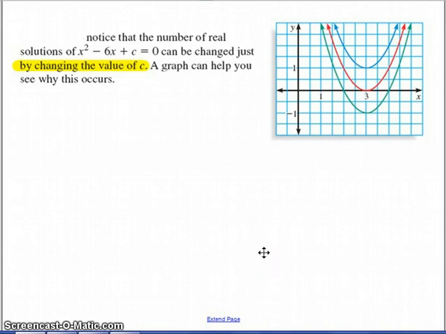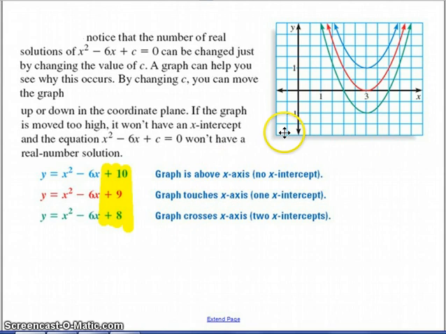Okay, a couple of things that the textbook points out. First of all, they say, notice what happens when you change the value of the c, the constant in standard form, that it can move the graph around vertically. And more specifically, it can move the graph vertically to the point where the parabola never actually touches the x-axis. So this top one here in blue with the largest c value, plus 10, never actually touches.